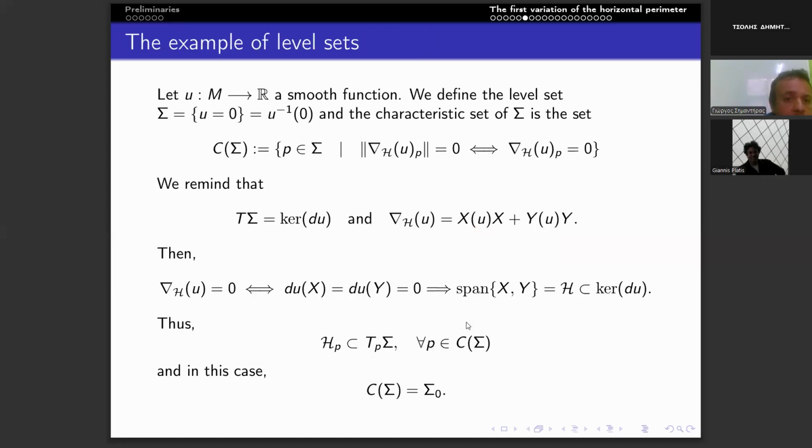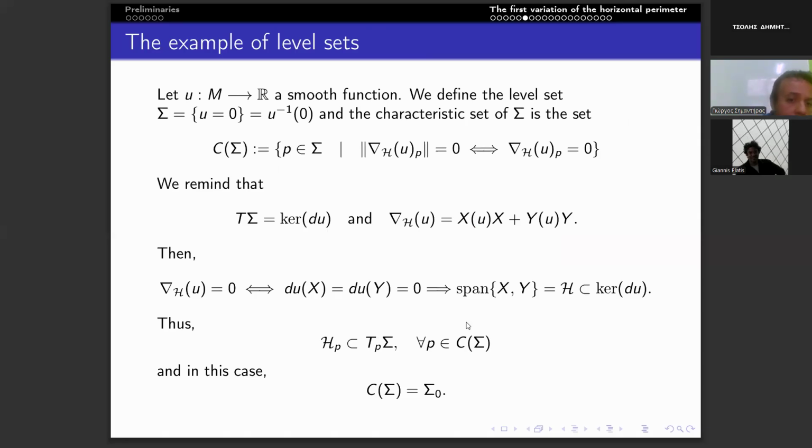Here we have an interesting example for the level sets. We start with a smooth function and we define the level set of U as the surface sigma. We call the characteristic set of sigma all the points of sigma where the horizontal gradient vanishes.